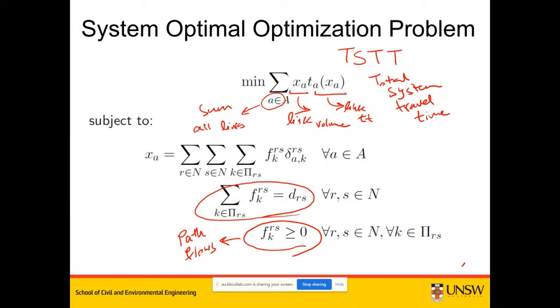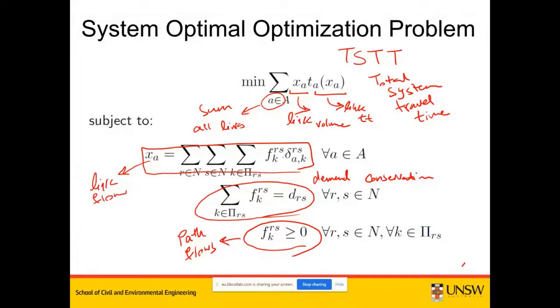Also, the linear equality constraint was about demand conservation, right? And the first one is actually the relationship between link flow and path flows.